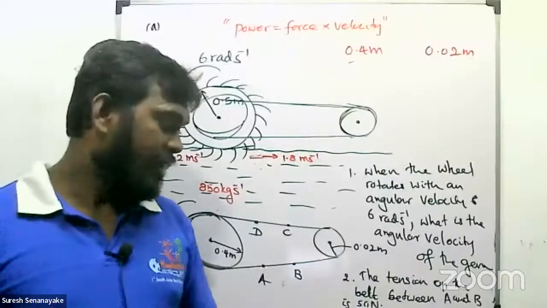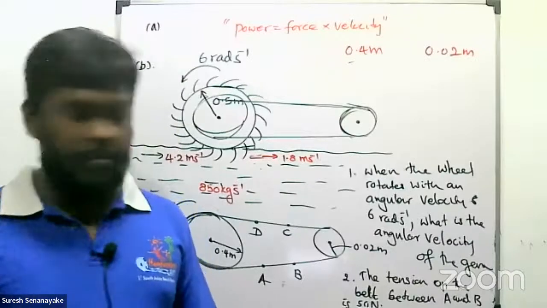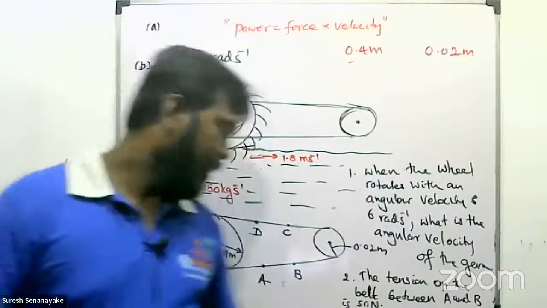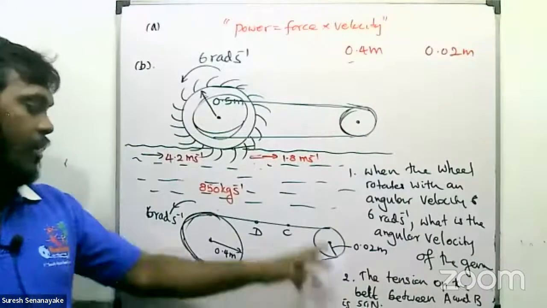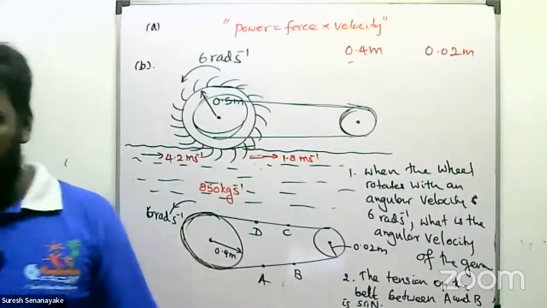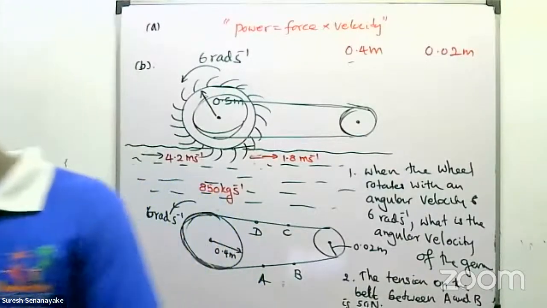The tension on the belt between A and B is 50 Newton. This one, right?